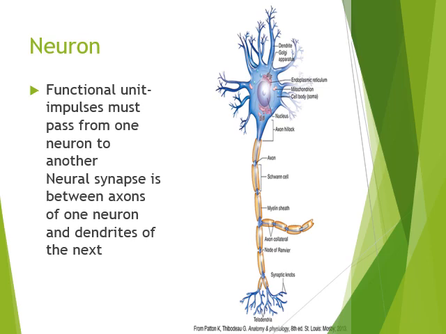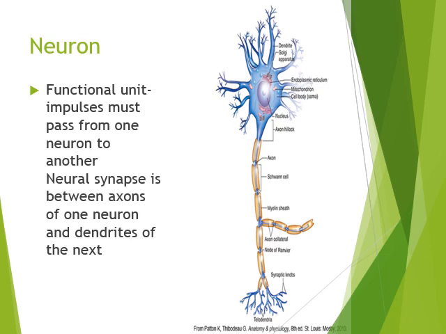Well, in between each functional unit or each neuron is a space, and that space is called the neural synapse. So that's the space between the axons. And what is required in that space is a neural transmitter, so that the neural transmitter helps that electrical impulse jump to the next neuron.